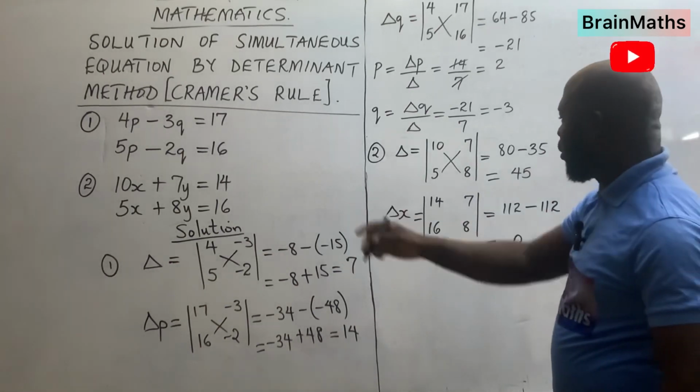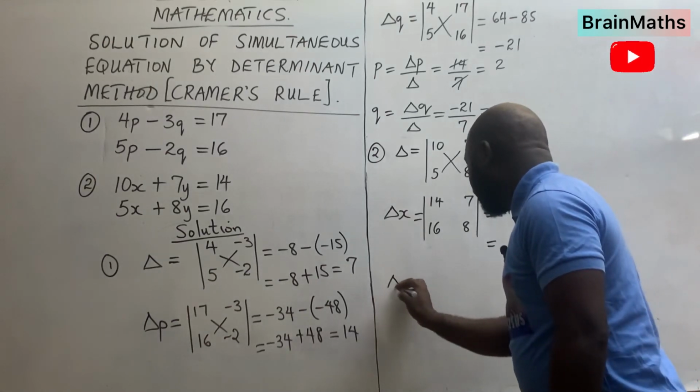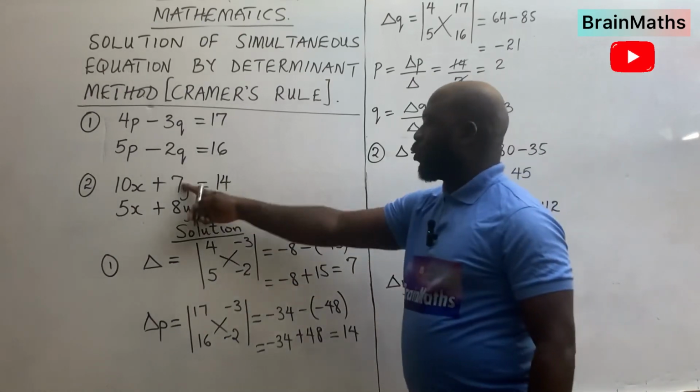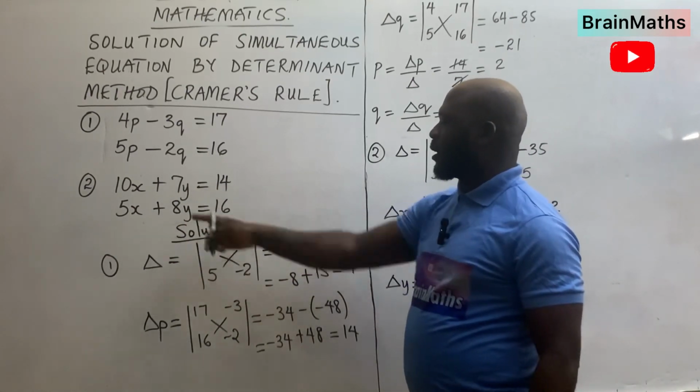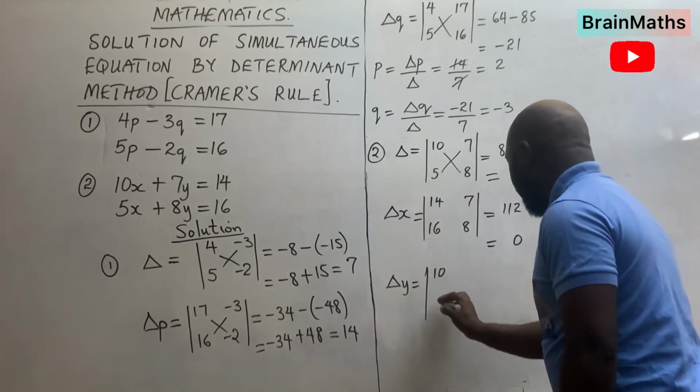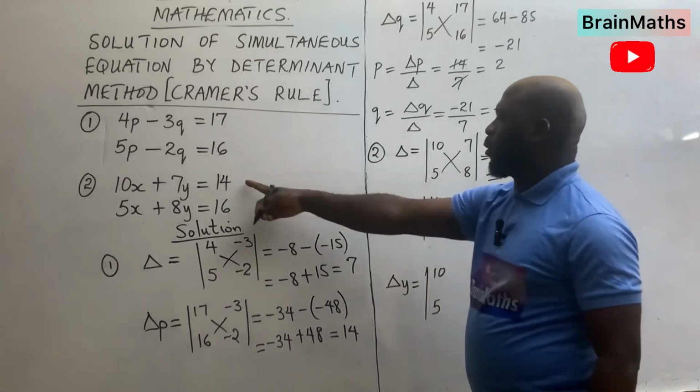So the determinant of y is the next thing. Change in y equals, so we do away with the values of y and replace them also with the constants. So we have 10, 5, 14, 16.